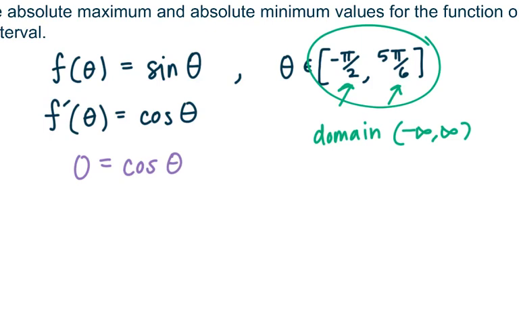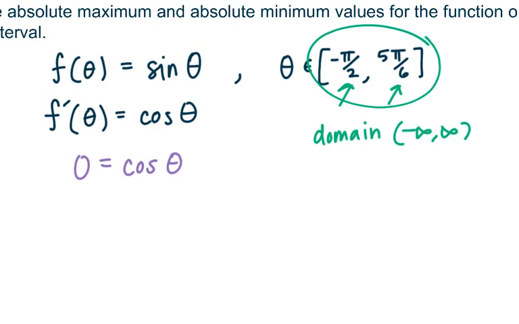And cosine theta is equal to 0 at a lot of values. Cosine theta is equal to 0 at pi over 2, 3 pi over 2, 5 pi over 2, 7 pi over 2, 9 pi over 2, infinitely, right? And even in the negative direction, negative pi over 2, negative 3 pi over 2.